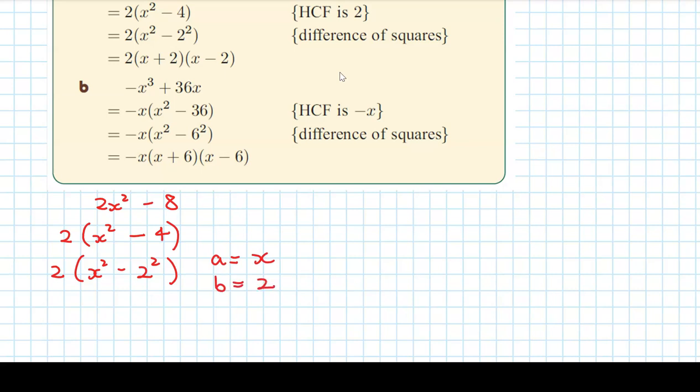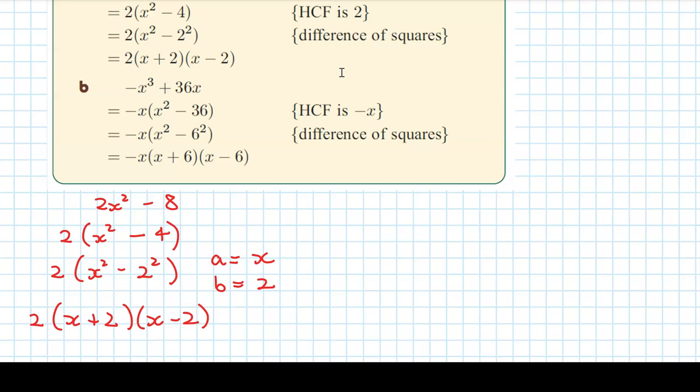So last thing we need to do is just put those 2 brackets, and then it's a plus b, a take b. Okay, so no different from the top one. The only thing is the first thing we did was extract that 2 out.